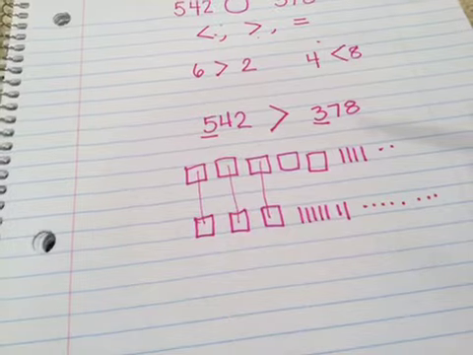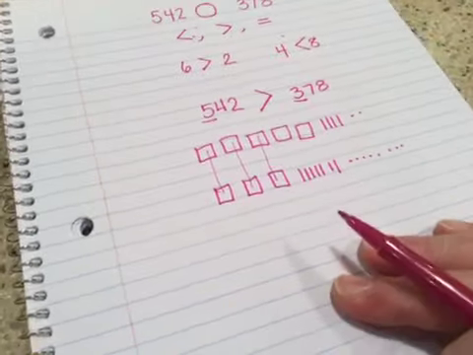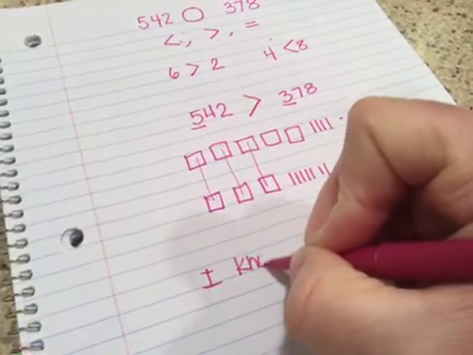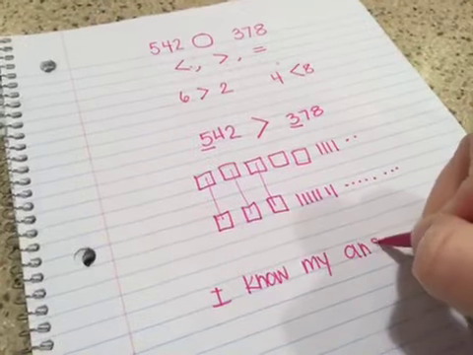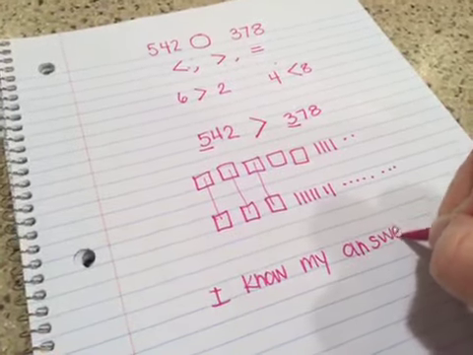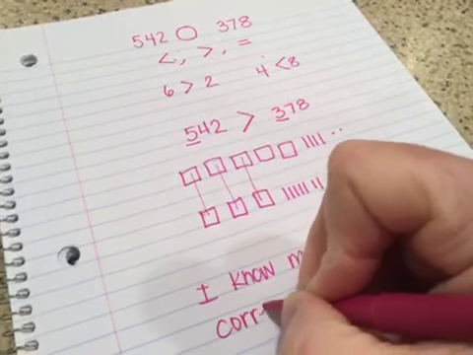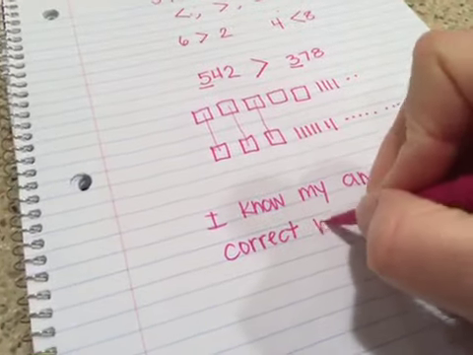But I also need to use words to prove my answer. So I could write something such as, I know my answer is correct because 5 is greater than 3.